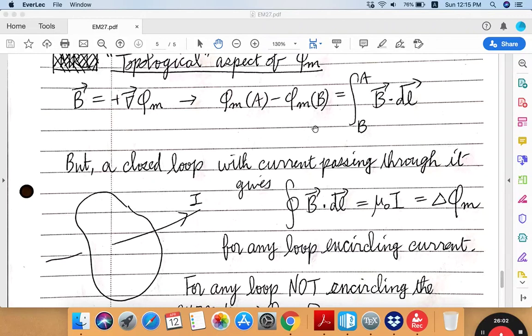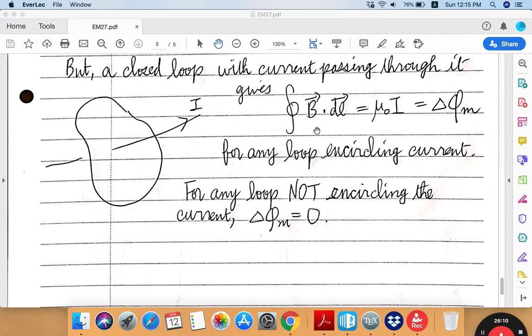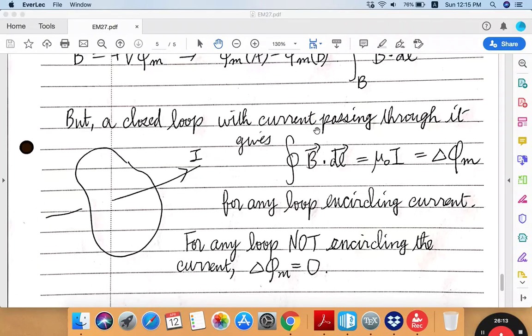So this is a rather special kind of function that one has to be careful in dealing with. There's some sort of topological aspect to this function, in the sense that as long as the closed loop encloses the current, then it doesn't matter what kind of path you choose. The result of the integration will always be equal to the current that passes through the loop, which also equals the difference in the value of the magnetic scalar potential as you follow that closed loop.